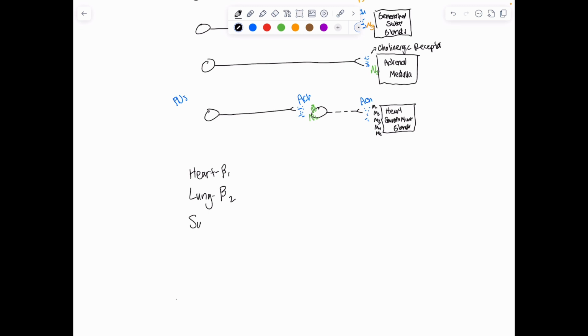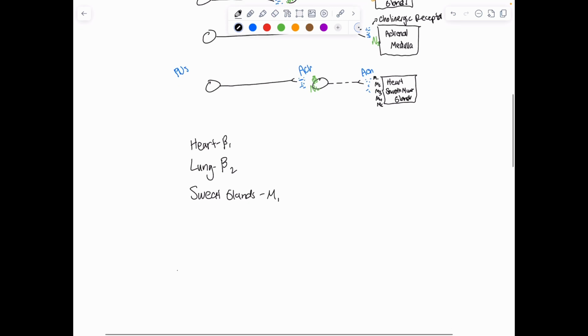And then we have sweat glands, which is M1. But if they're in the palms of hand and the bottom of feet, that will be alpha 1, which is also our blood vessels, our alpha 1.